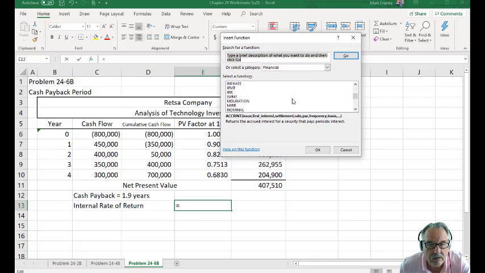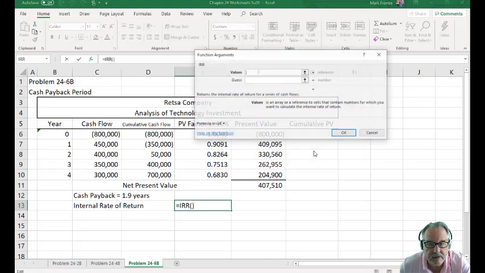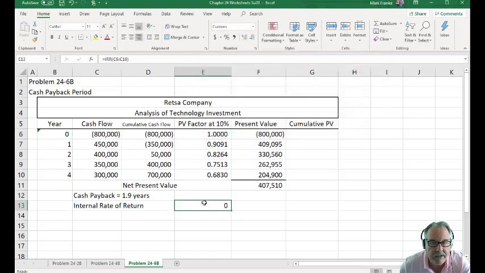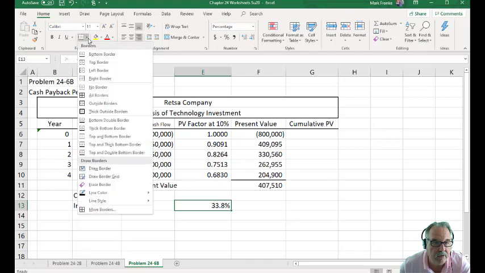I'm using the cash flows from the cash flow column and convert it to a percent, and it is 33.8%, and I'll just put a little box around that. But that's the actual internal rate of return. So you can see it's way more than 10%.